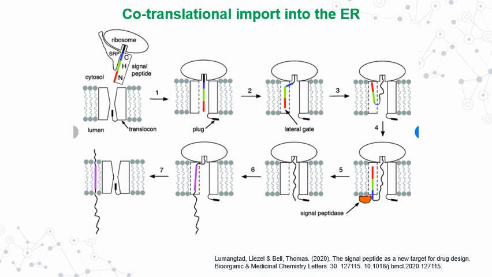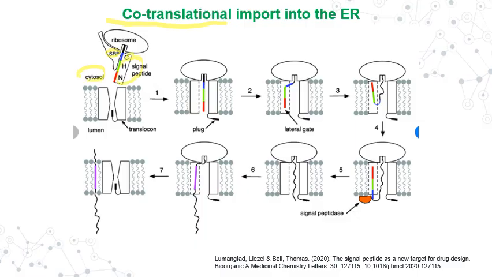All right, so let's see what is happening here. Here is a more detailed picture of this full translation import into your rough endoplasmic reticulum. First thing that's going to happen, your recognition particle recognizes the zip code.